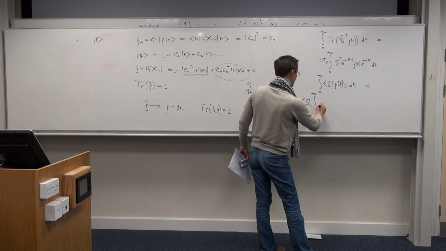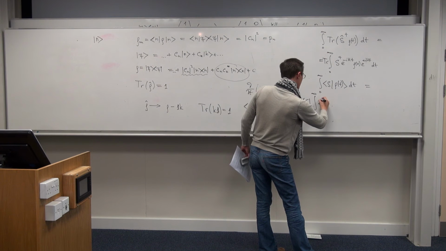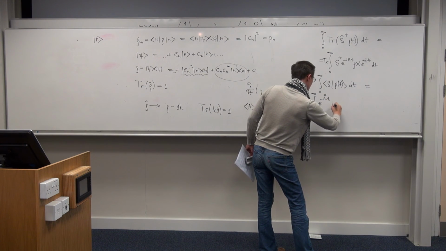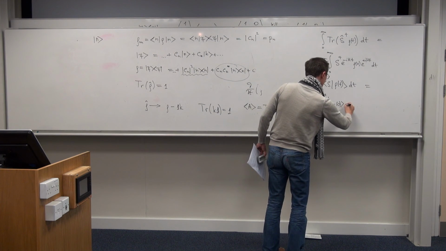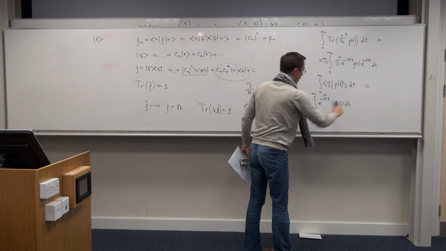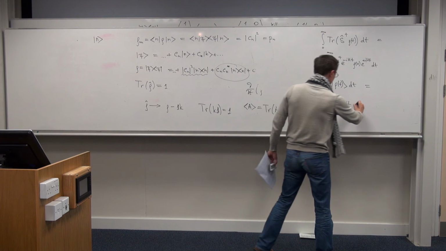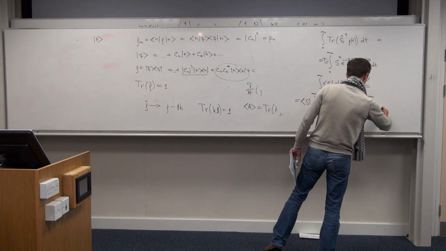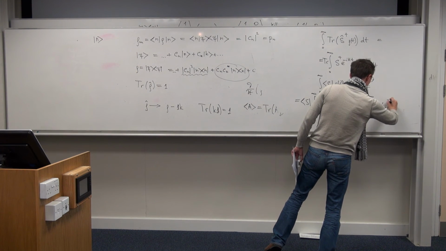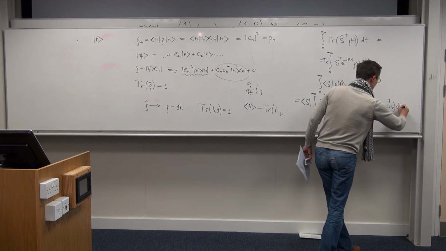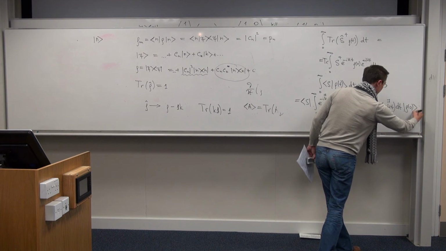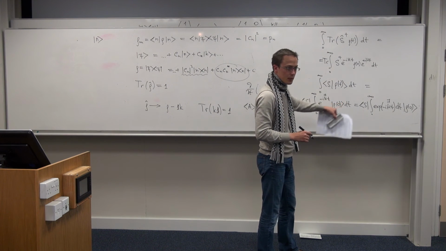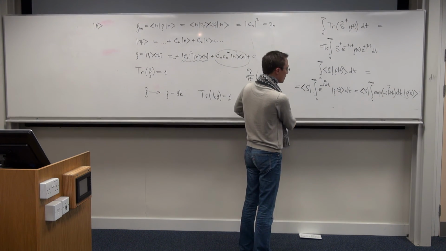Integral from 0 to infinity, e minus i H double hat t rho 0 dt. Rho 0 out of the integral forward because it's a constant. S, integral 0 to infinity exp minus i H double hat t dt rho 0. The integral of an exponential is 1 over the Hamiltonian times the same exponential.